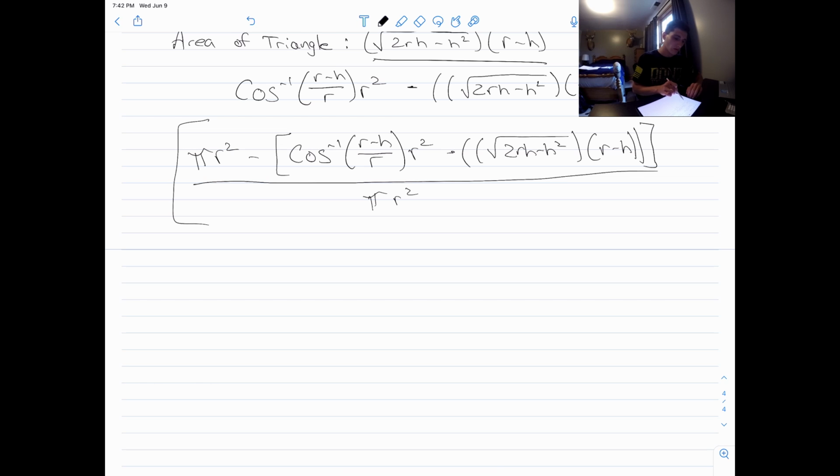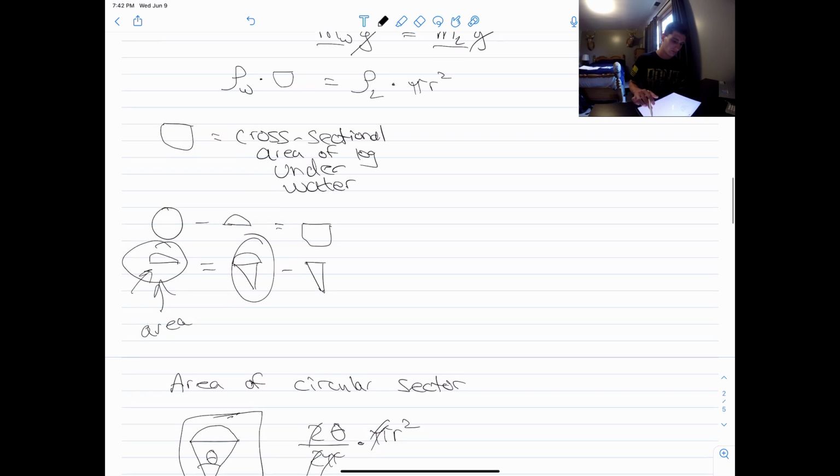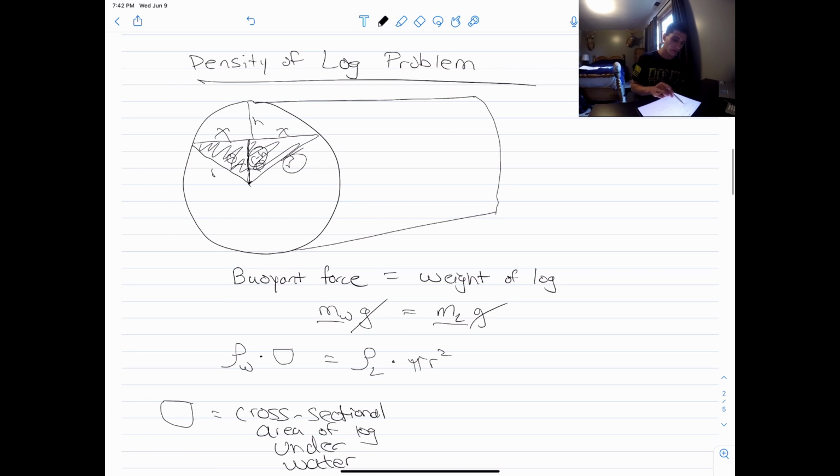We also know that the density of water is 1,000 kilograms per cubic meter. So multiply this by 1,000, and this equals our full density of the log. This is the equation that relates our radius and our height to the density of the log that we were given.